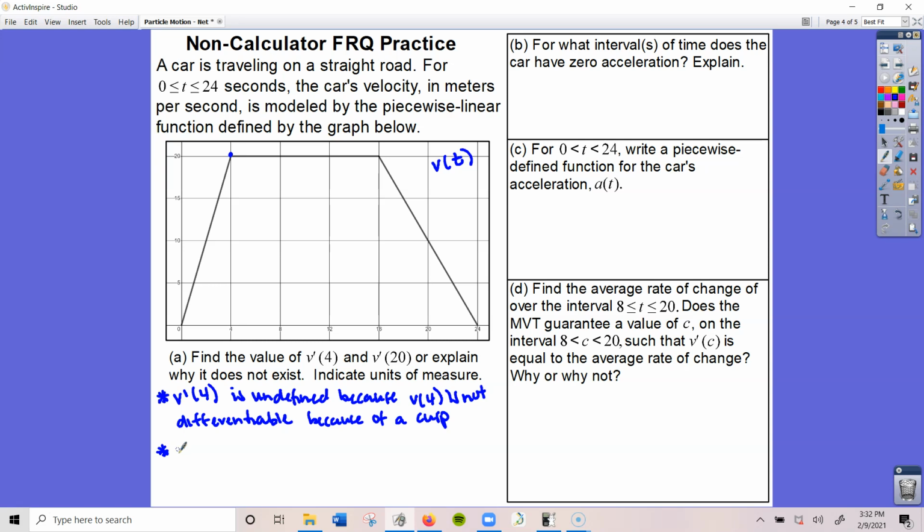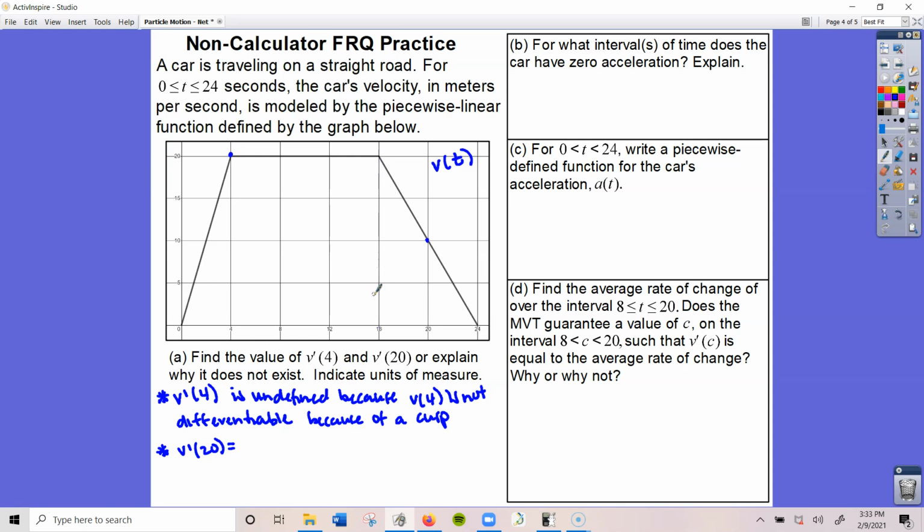Now v prime of 20. If I go to 20, I am on that line. So in order to find v prime of 20, we need the slope of this line. You can basically just count the rise over run. This is going to be negative because I'd have to go down.